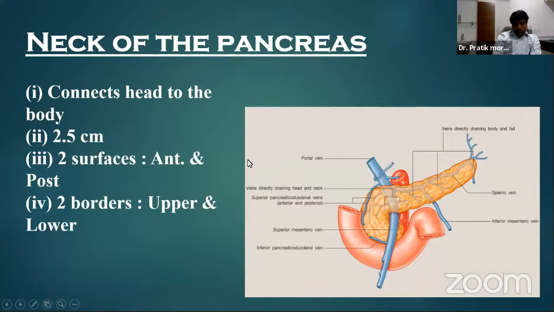It has two surfaces, the anterior surface and the posterior surface, and two borders, the upper border and the lower border. Again, you have to understand the anatomy. That's why you should know the relations: what is anterior, what is posterior, what is superior, what is inferior. What is in front, what is behind, what is above and what is below. Simple. Okay.